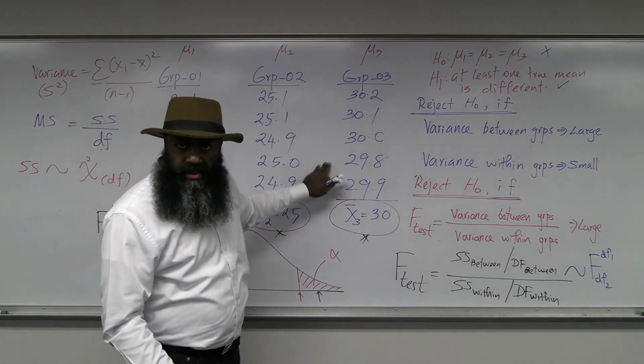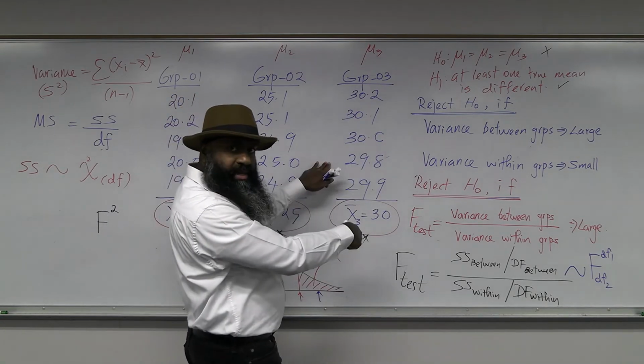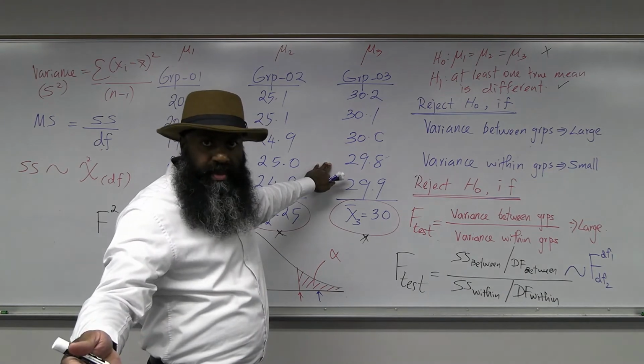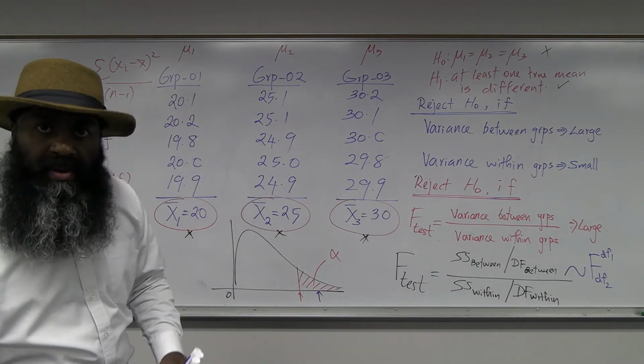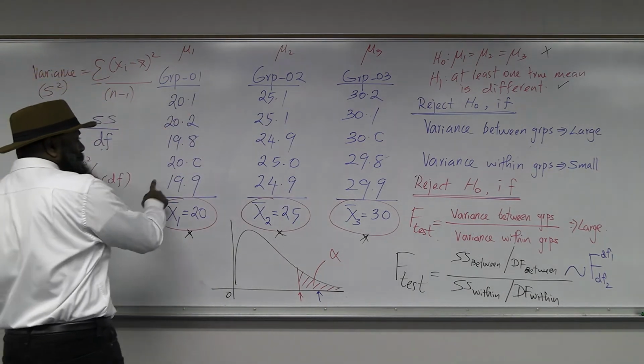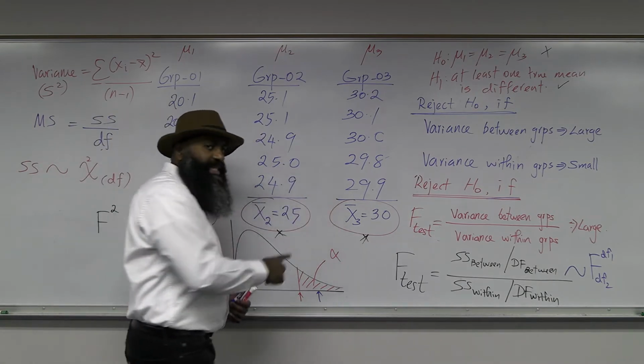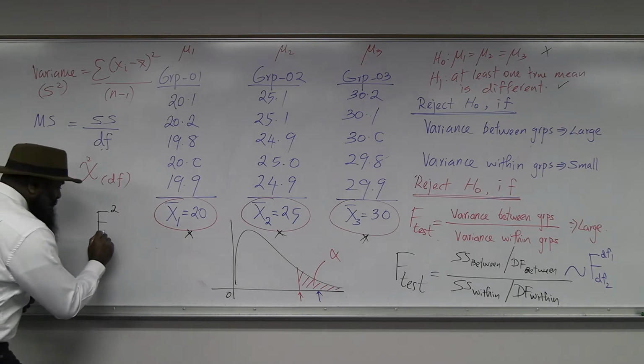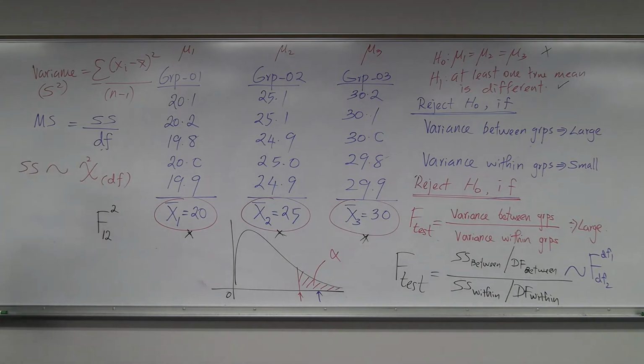Within third group also, I have 5 data points. Therefore, degrees of freedom should be 5 minus 1, which is equal to 4. So, the total within group degrees of freedom is 4 plus 4 plus 4, which is equal to 12. So, the denominator degrees of freedom for this example is 12.